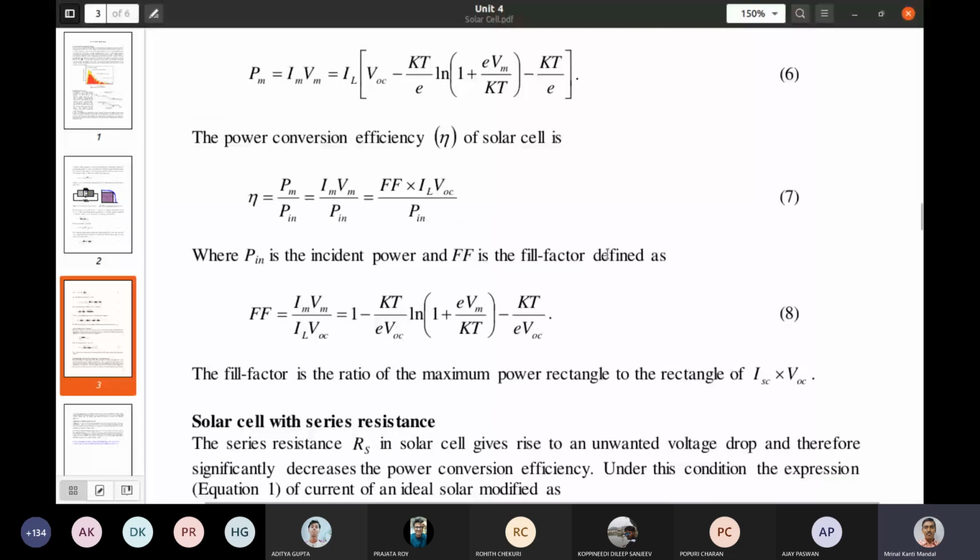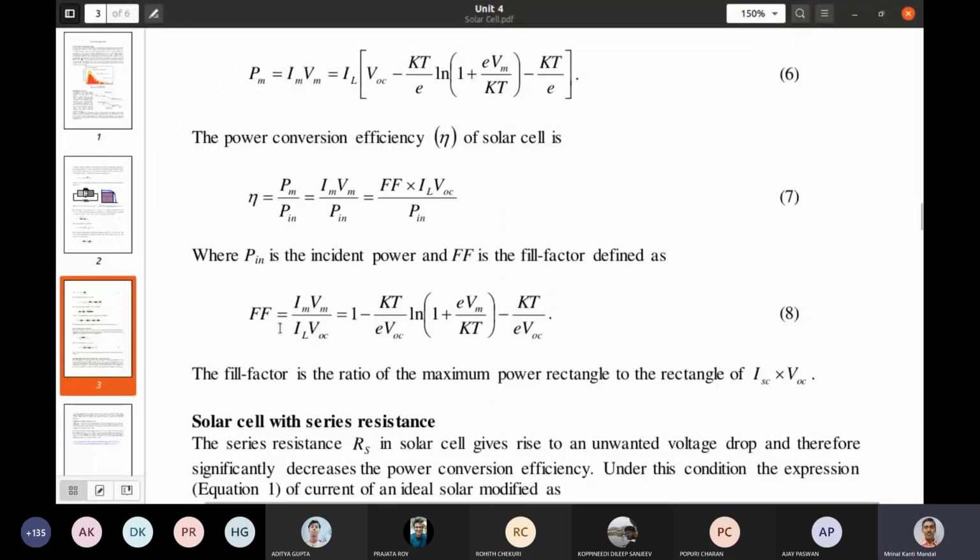This fill factor can be defined as IMVM equal to FF into IL VOC, where IL means ISC. So FF, the fill factor, is IMVM, the product of maximum current and maximum voltage, divided by IL VOC.